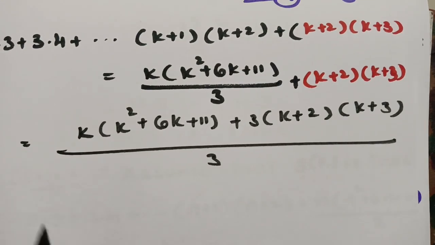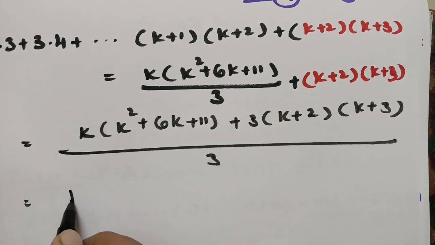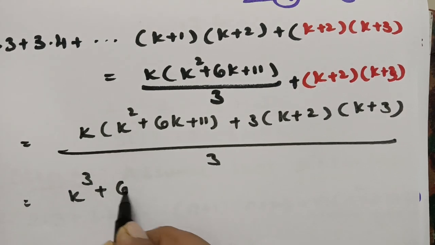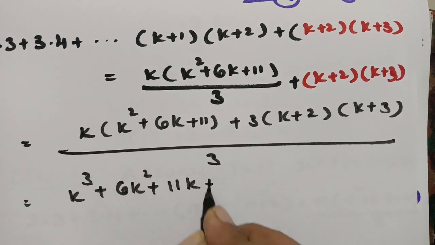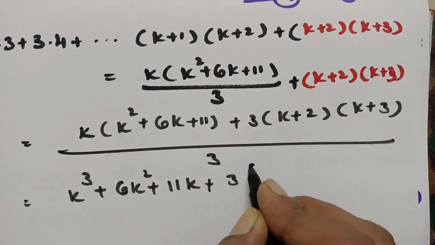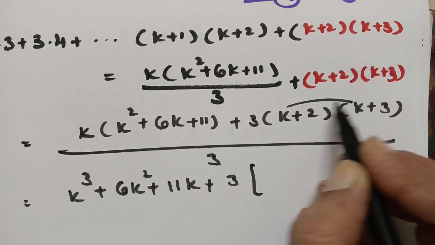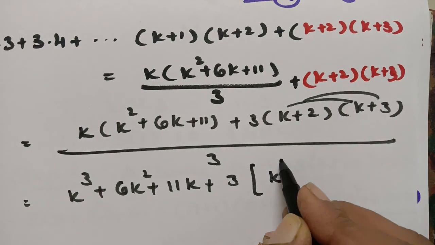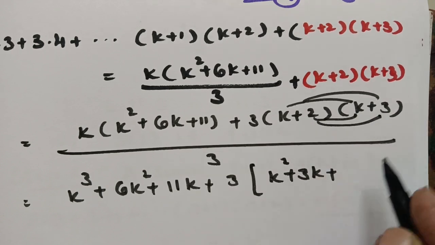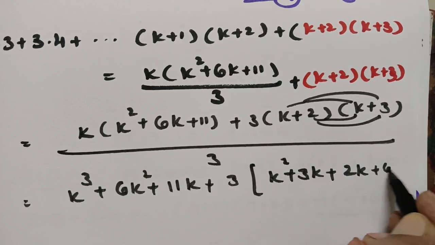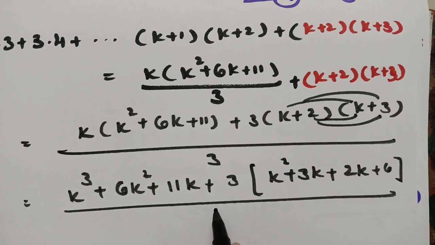Now if I multiply with k inside, this will be k cube plus 6k square plus 11k, and this is going to become 3 times of, if I multiply, k square plus 3k. So again if I multiply with 2, this will be 2k plus 6, all by 3.